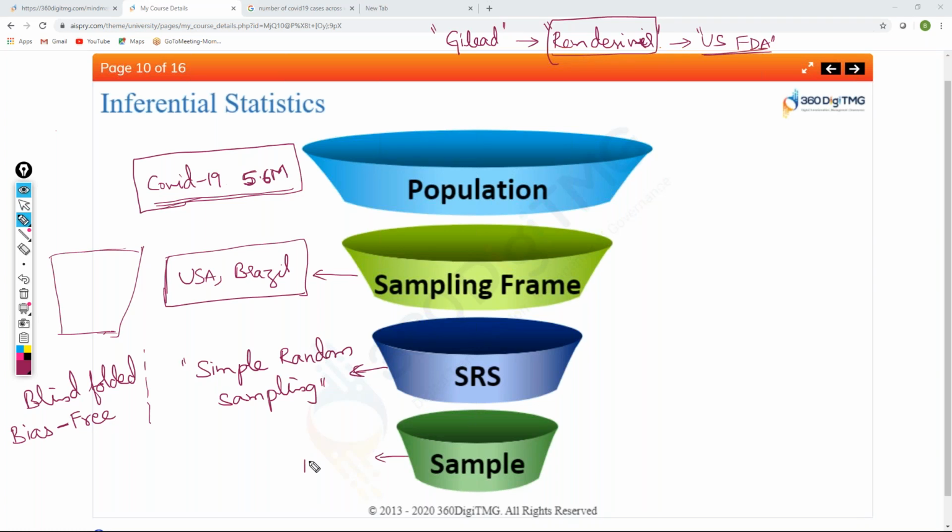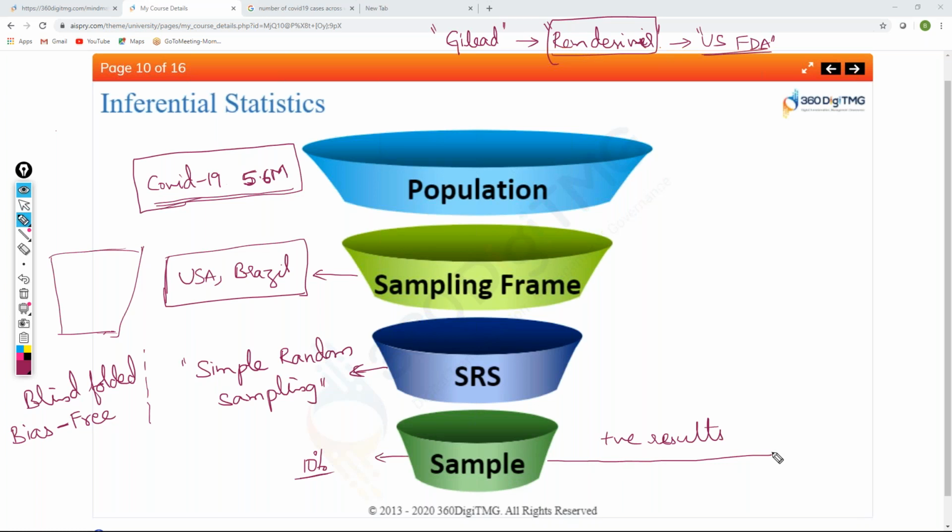Probably you'll take 10% of the COVID-19 cases of USA and Brazil, maybe, or 5% or 2%, whatever be the count. But the point is you're trying to draw a sample from the population using simple random sampling. And say the clinical trials have shown positive results on the sample.